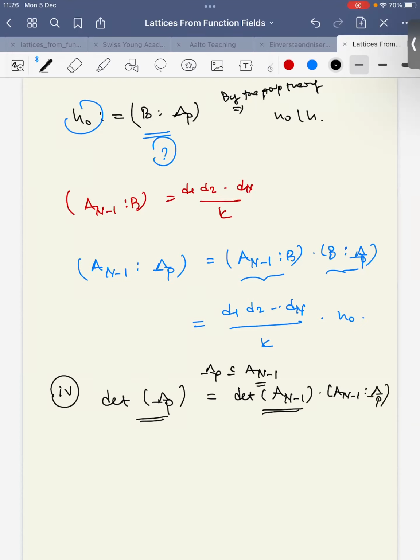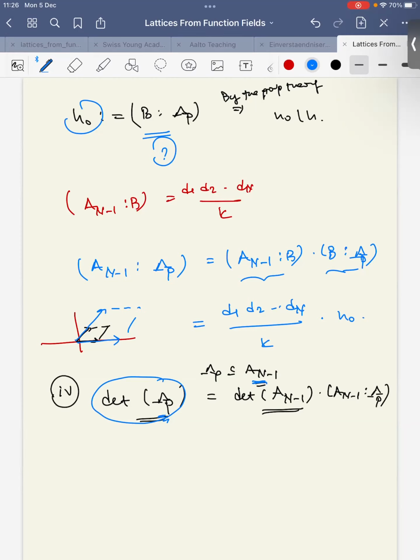What you need to pay attention to, for instance, is that if we have this structure for the lattice, the sublattice will be like this. So the fundamental region, or the volume of the fundamental parallelotope, will be larger in this case. This is why the determinant of the sublattice is larger than that of the lattice which contains it.